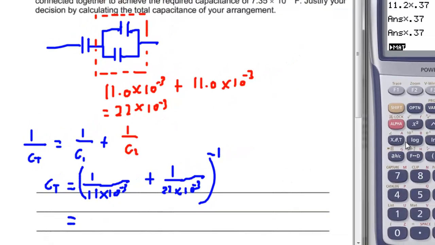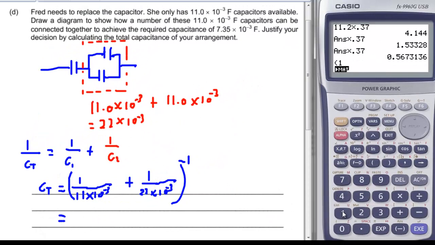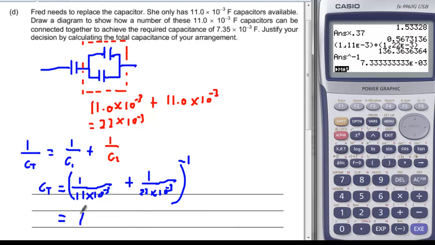We plug that into our calculator, brackets 1 divided by 11e minus 3 plus 1 over 22e minus 3, answer to the power of minus 1. We get our answer of 7.3 times 10 to the minus 3 farads is required.